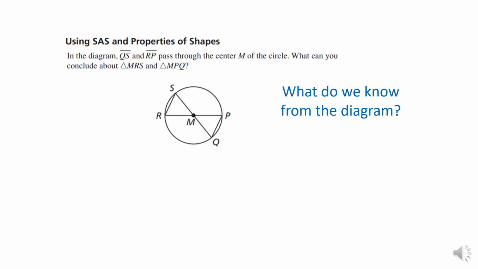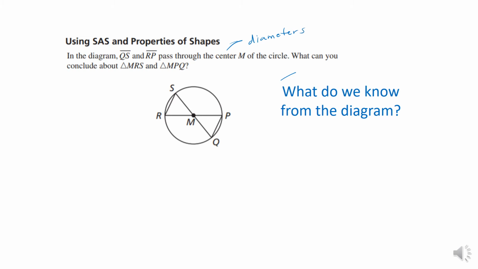Okay, so we're going to use side angle side here and some properties of shapes. So in this diagram, QS and RP pass through the center of the circle. So they are diameters. Okay, and what can you conclude about these two triangles?